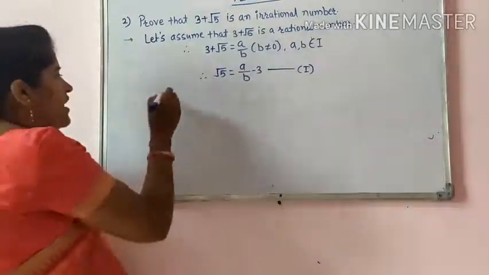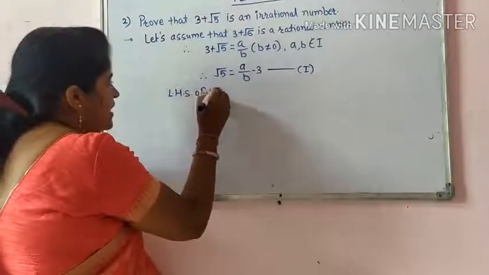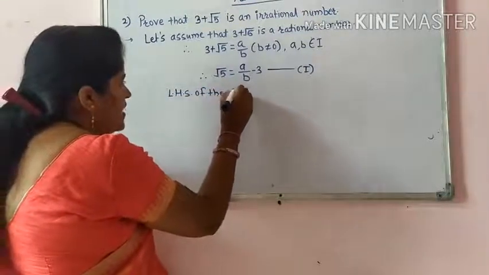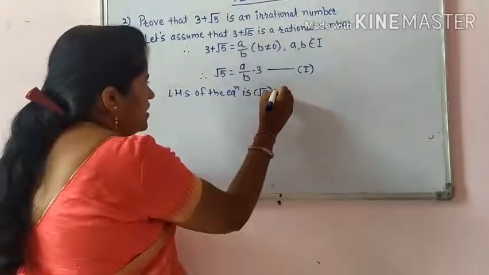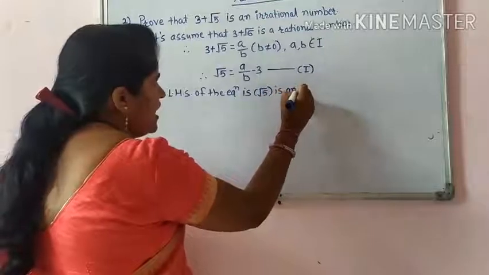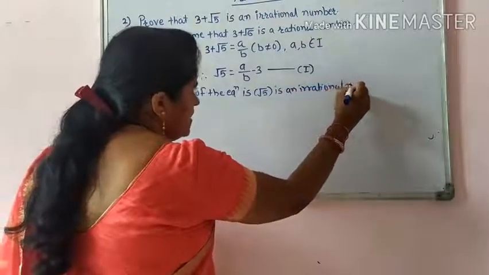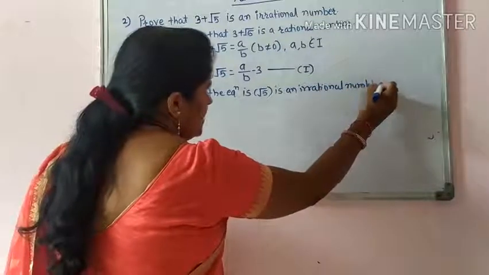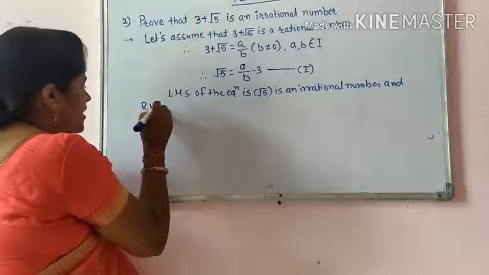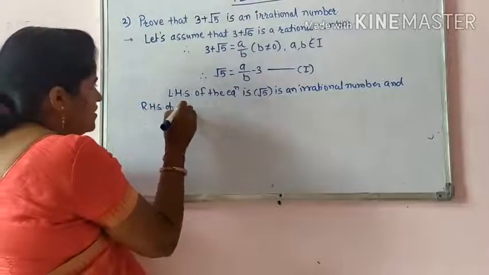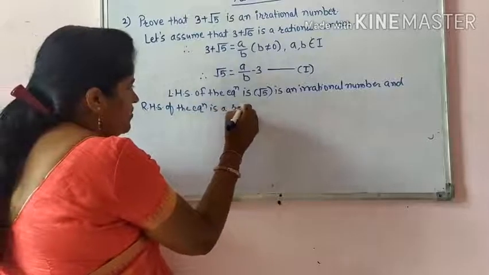So the left hand side of the equation, root 5, is an irrational number, and the right hand side of the equation is a rational number.